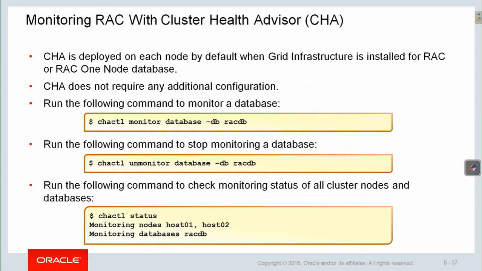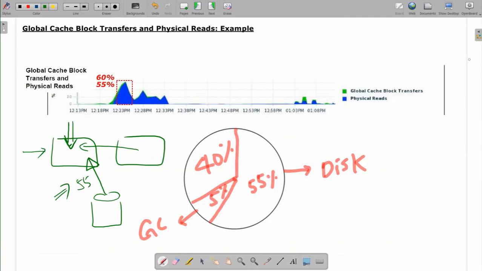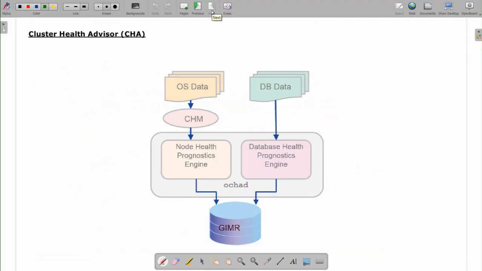And the other one is, you can also monitor RAC database with a cluster health advisor. Okay? So what is a cluster health advisor? This is new in 12.2. And you will see this in a new structure.